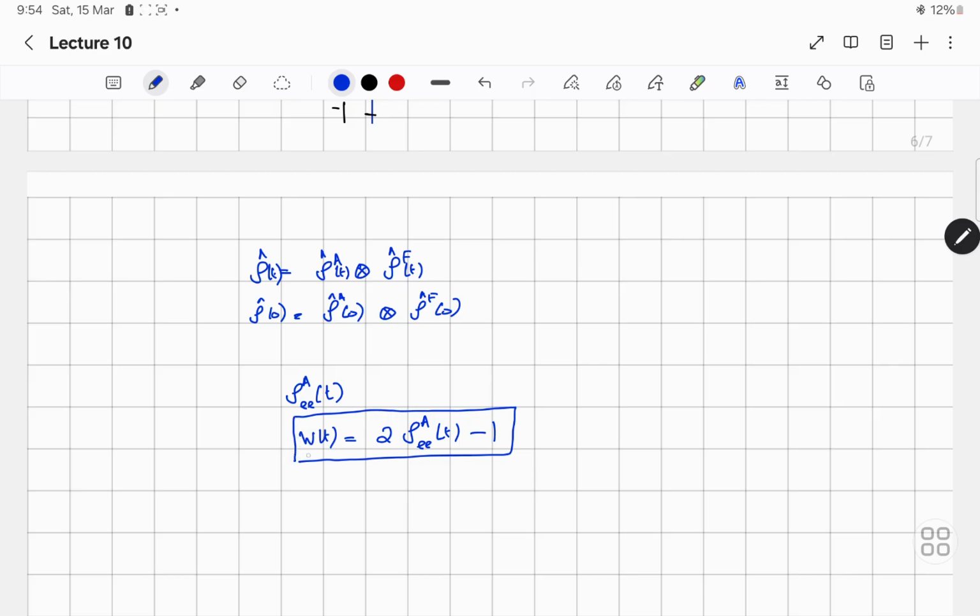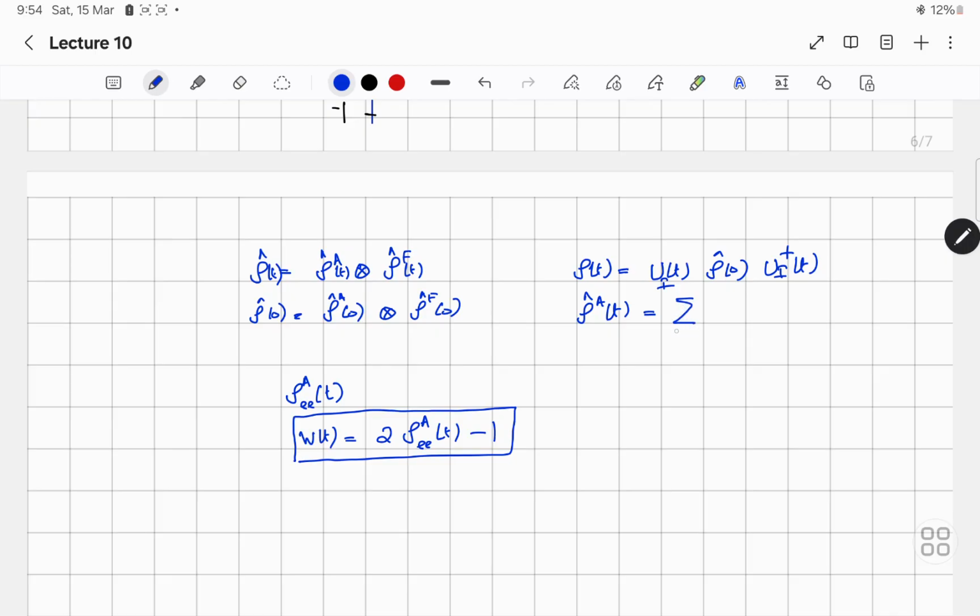This is what we are interested in, the inversion operator. And how to get this rho_A? We know that the time evolution is rho(t) equal to U_I(t) rho(0) U_I dagger(t), and we can find the reduced density operator of this density operator of t.